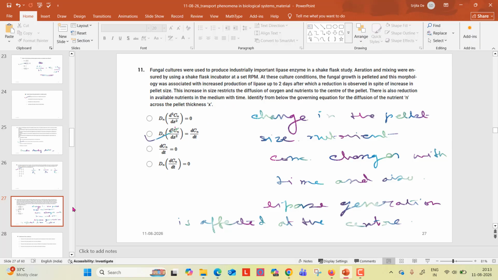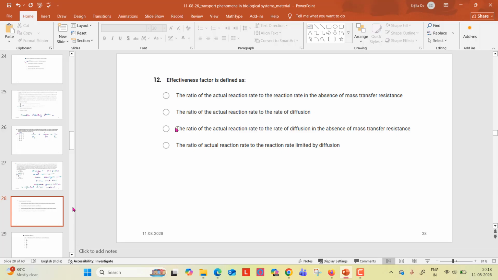Next, effectiveness factor is defined as the ratio of actual reaction rate to the reaction rate in the absence of mass transfer resistance. So it is option A, as you know.